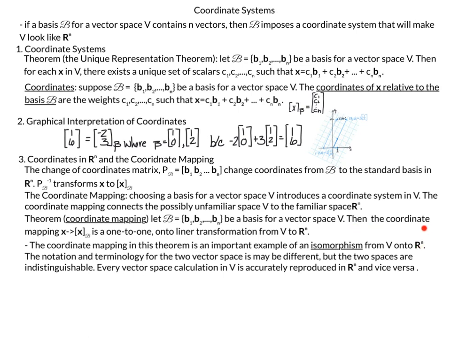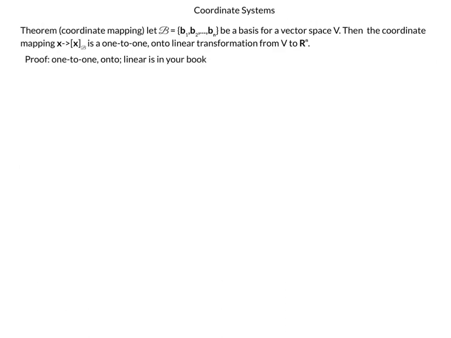And once you get the mapping of the naming from V to Rn, then whenever you do calculations of vector addition, scalar multiplication in V, they're totally going to correspond to the same vector calculations in Rn. We're going to start by proving the one-to-one and onto.